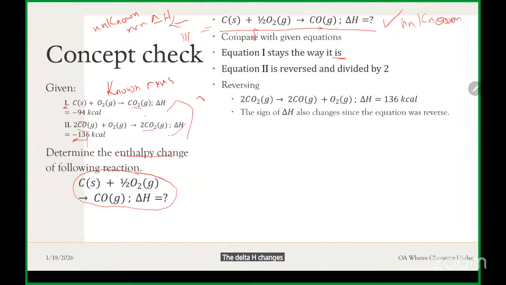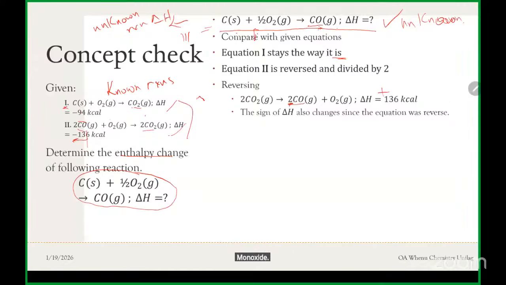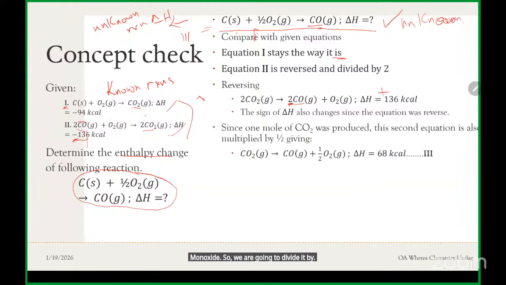It is negative here. It is now positive here. One other thing: you have 2 moles of carbon monoxide here, but you have 1 mole of carbon monoxide there. So we are going to divide it by 2.